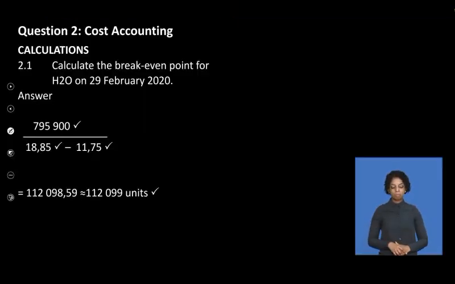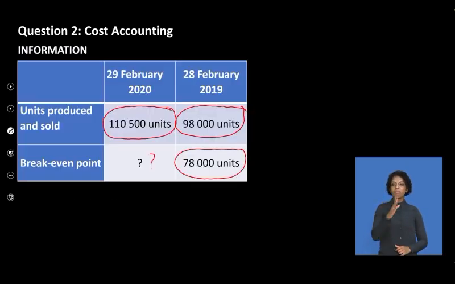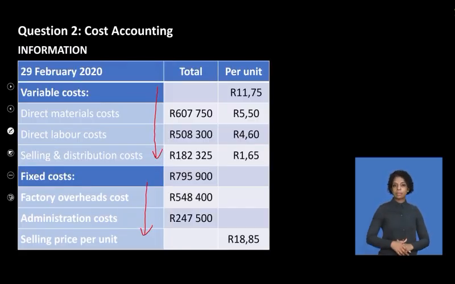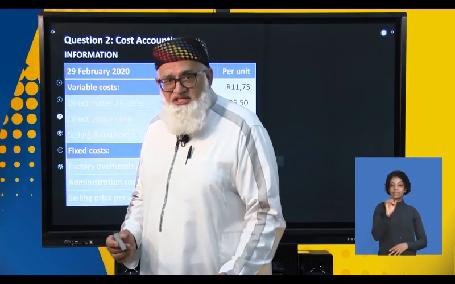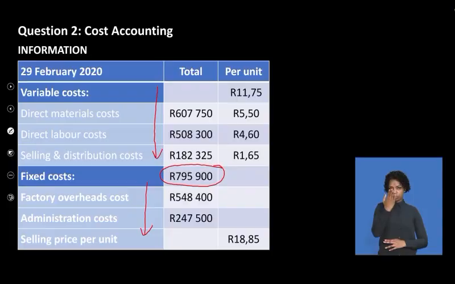So here goes. What is my break-even point? It's my total fixed cost in rands. Let's see if we can identify that. We want our fixed cost in rands, which is 795,900. Now, another examination tip. You know that fixed cost is made up of factory overheads plus your admin cost.